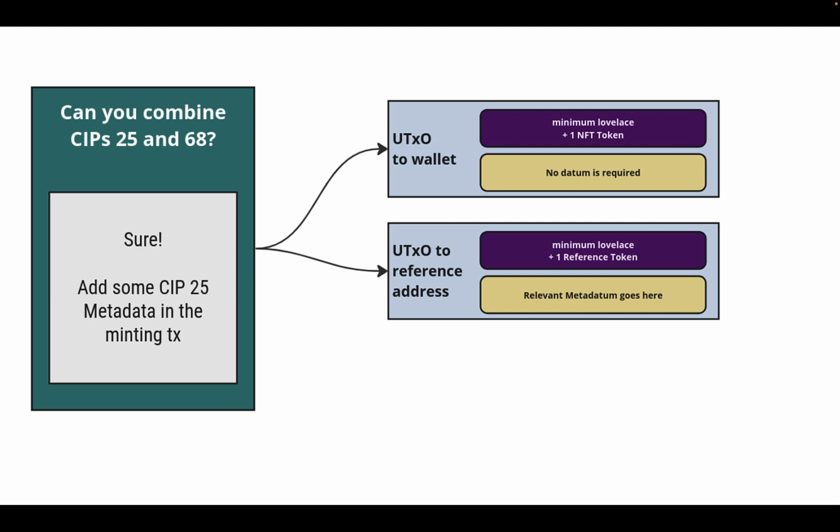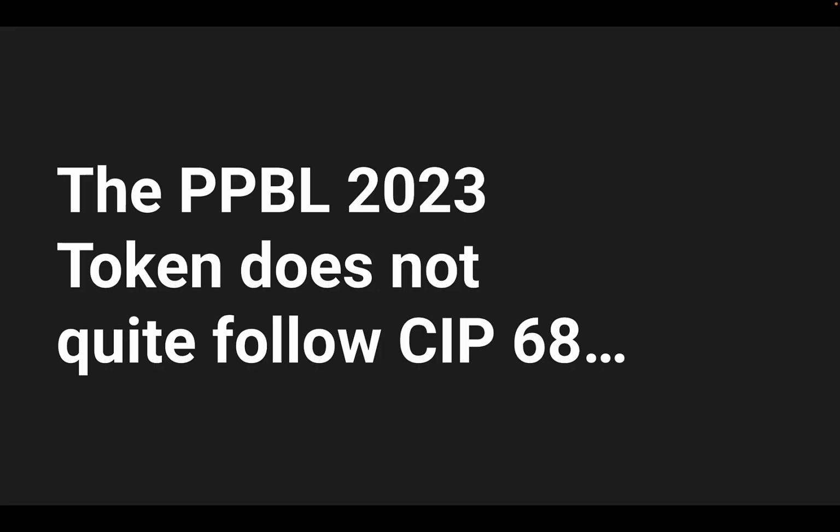As a matter of fact, this is exactly what your PPBL 2023 token does. It's a partial implementation of CIP68, but it doesn't quite follow the whole thing. In order to display the image that you can see in your wallet when you look at your PPBL 2023 token, we still used the CIP25 standard for that part.